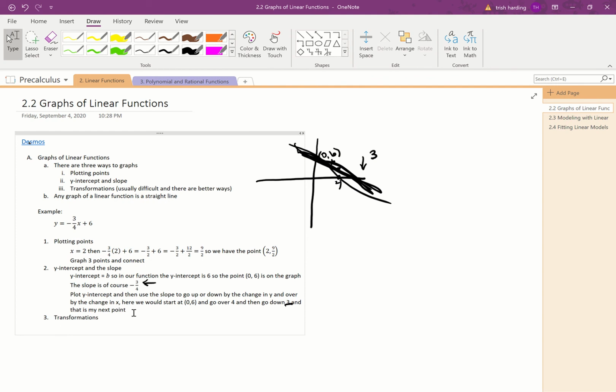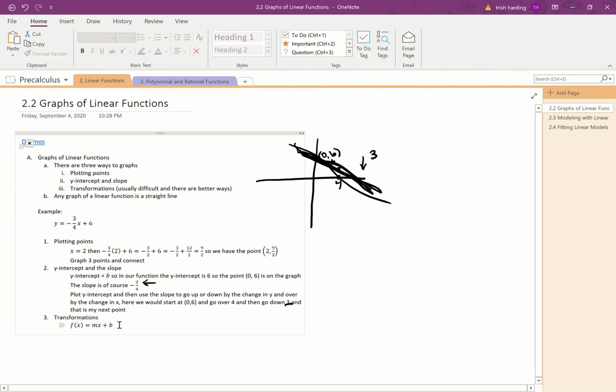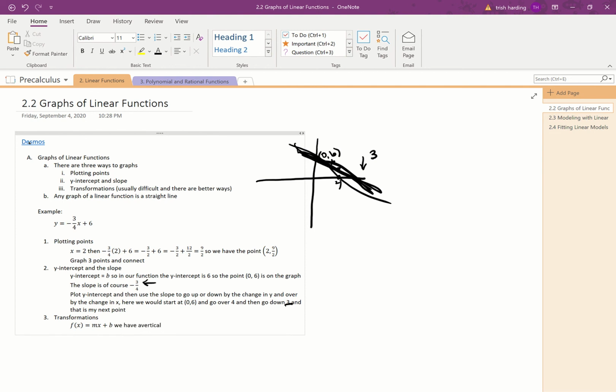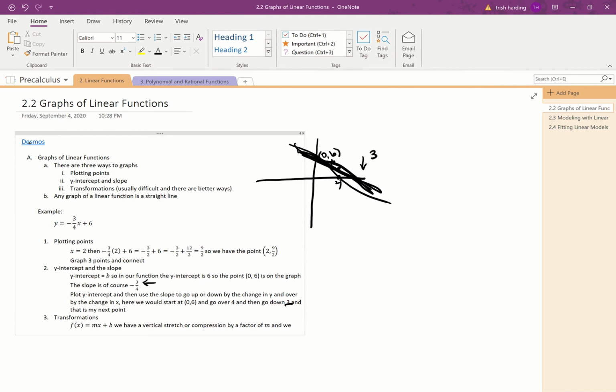Now, remember that we have f of x equals mx plus b. So that means we have a vertical stretch or compression by a factor of m, and we have a vertical shift by b.